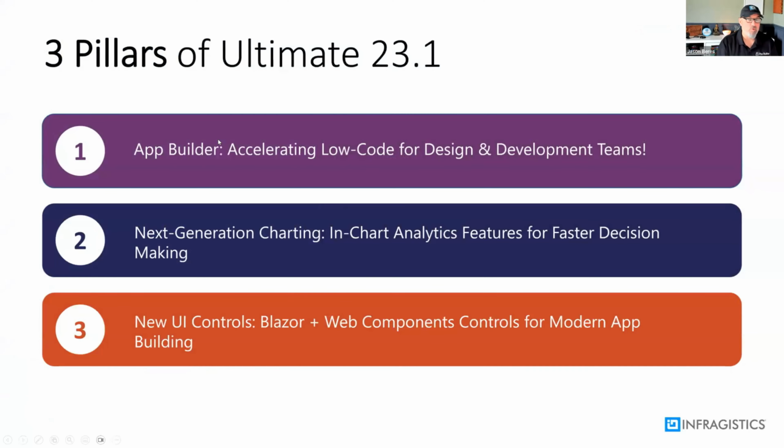So the three pillars of 23.1, we focused on three areas, and this is a common theme. Every release now, we're really focused on, first and foremost, AppBuilder. AppBuilder is an amazing tool that really does accelerate how you can build out products. So if you think about the way you've built your apps over the last 20 years, you're writing a lot of code. You're trying to figure out complex problems with layout, CSS, etc. AppBuilder removes all of that, and it does it for you.